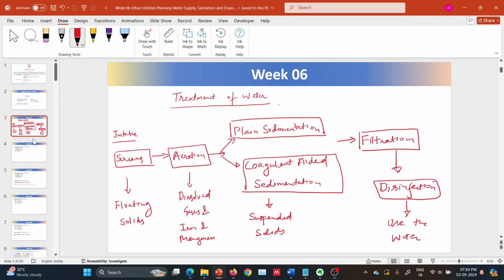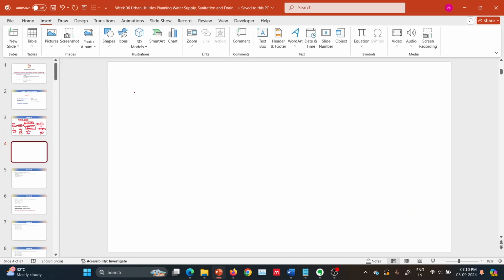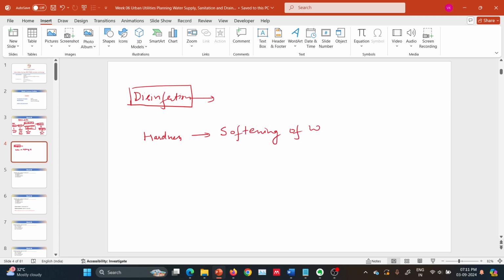And there is one more thing. After disinfection, if water contains hardness, we can go for softening of water. That we can do with the help of the lime soda method. If it has salts, then we can go for desalination.